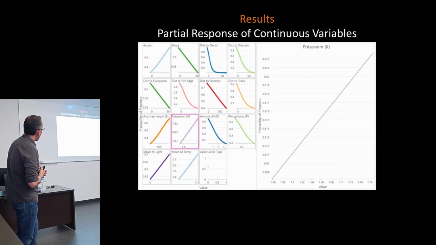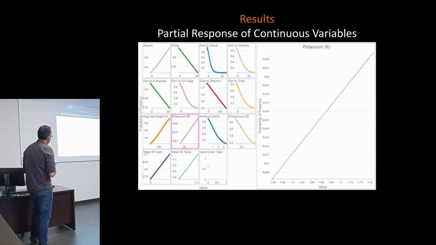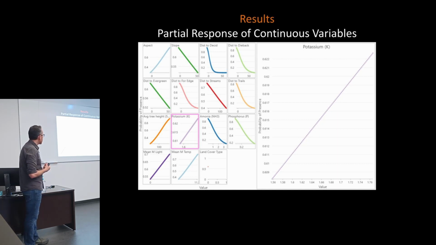Now, what I think is more interesting from the perspective of explaining what's going on is to look at this type of graphic. These are the partial responses of the variables. Something you also need to think about is that we're looking at individual responses, but we're not looking at the interaction of all these different variables, without considering interaction effects.